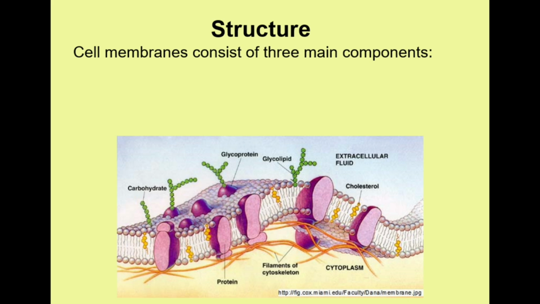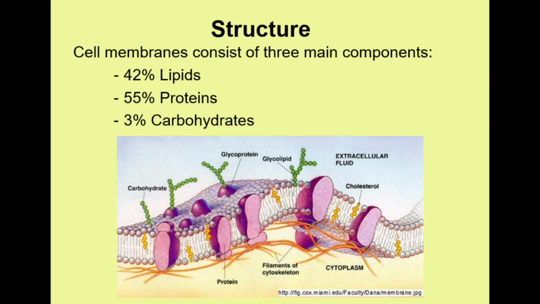So here we can see a nice diagram of a plasma membrane, or a section of it. And when we start to examine it in more detail, we can see that it's made up of three main types of molecules. So we can see that lipids, proteins, and carbohydrates all work together to make up this structure. And here we can see the relative percentages of each of those within a typical cell.